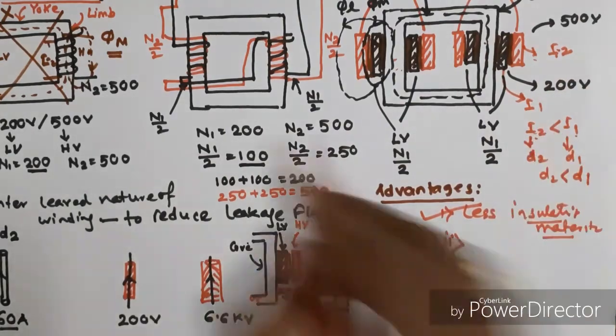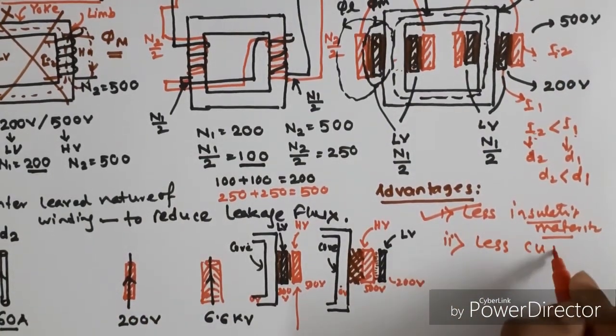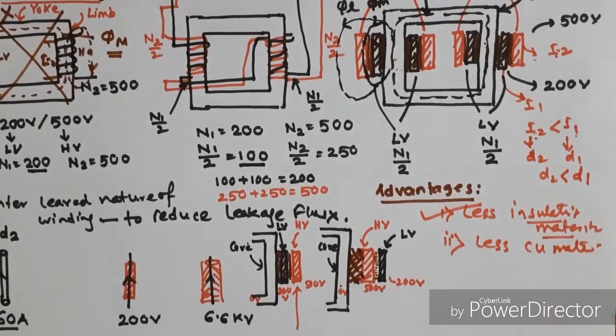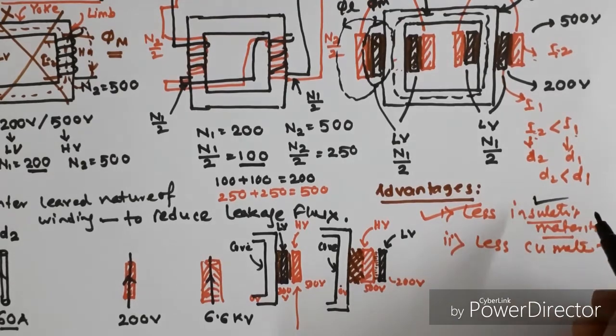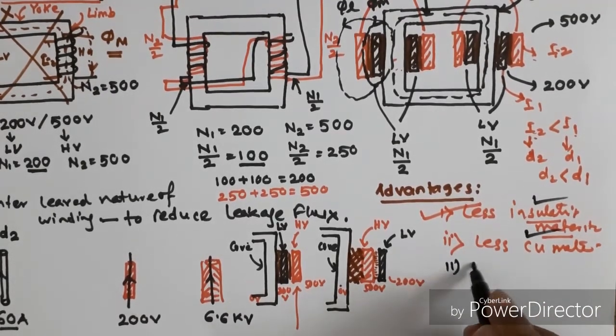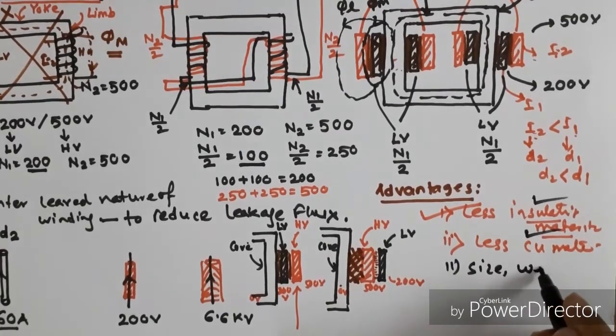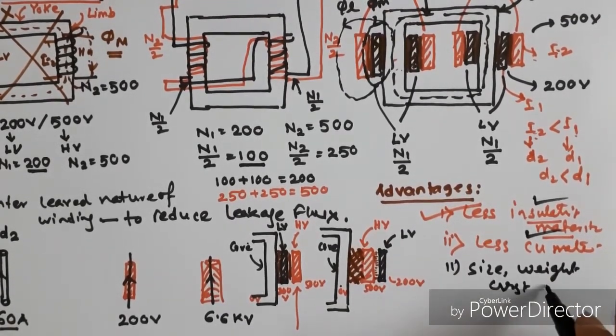Therefore, we require less copper material. The insulation material required will be less and the copper material required will be less. Therefore, the size, weight and cost of the transformer will be decreased.